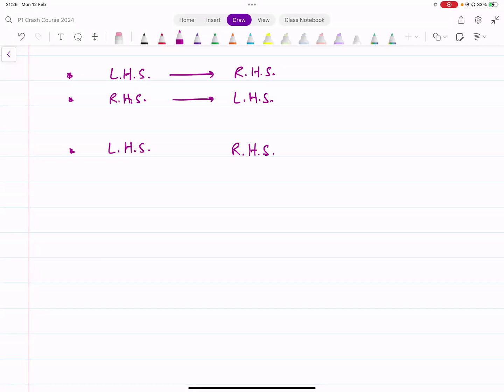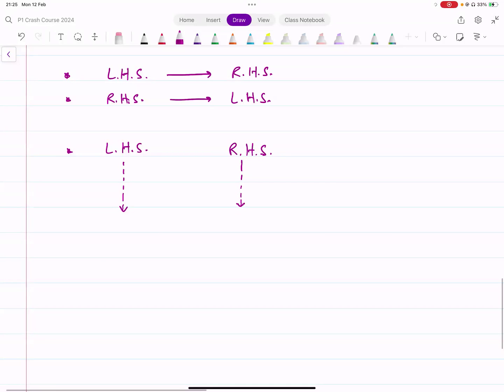Another idea that you can use is you can simplify both sides. Start simplifying both sides. Since both are complex, that means you can simplify both a bit. Simplify both sides. And then at some point, you might be able to make them equal after simplification. So you simplify both sides and meet somewhere in the middle.